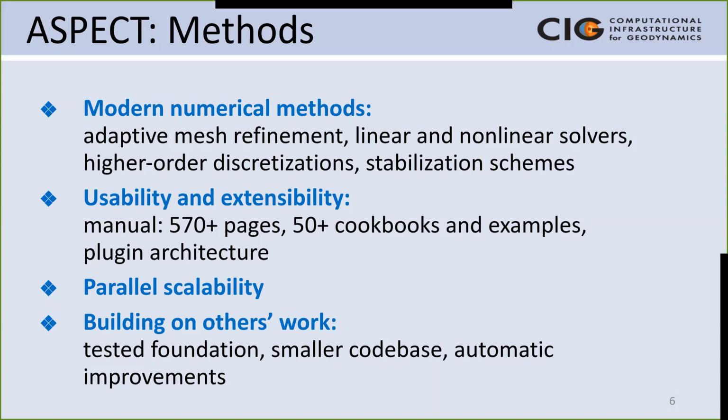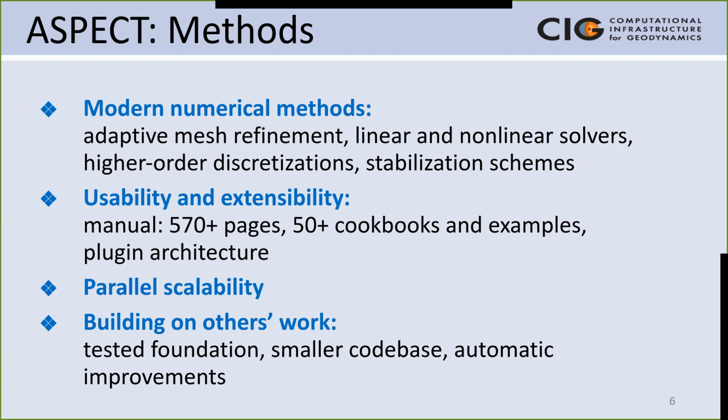I showed you an example of this where the mesh is fine in certain areas and large in other areas. We have very good linear and nonlinear solvers. We have higher order discretizations and stabilization schemes. So the idea is that we really want to make good use of all of the computational resources that we use.